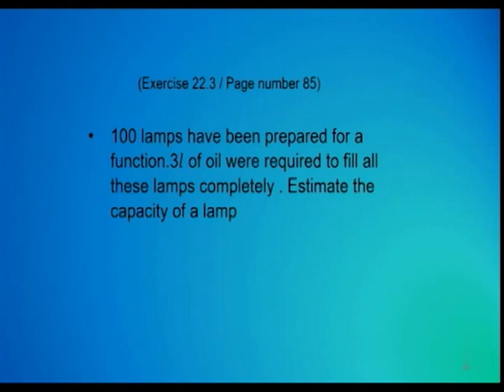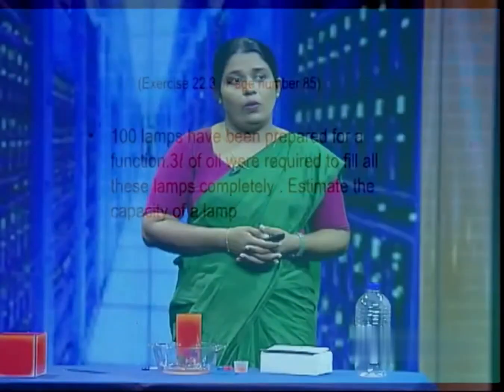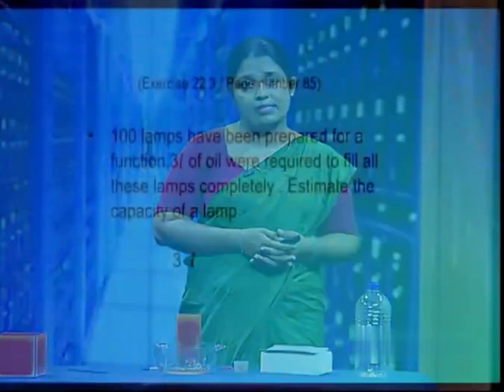Estimate the capacity of a lamp. Oh, we have 100 lamps and also we have 3 liters of oil. You have to estimate the capacity of a lamp. But you have the volume of oil in liters.